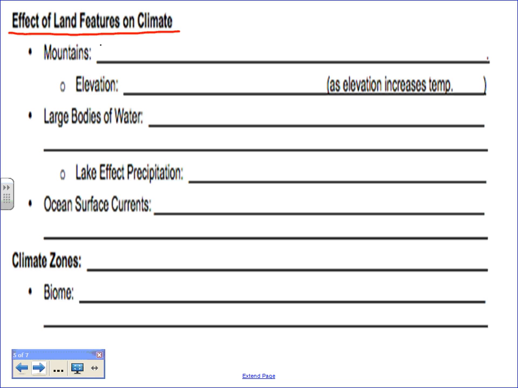They affect the temperature and precipitation of the region by affecting the prevailing winds.